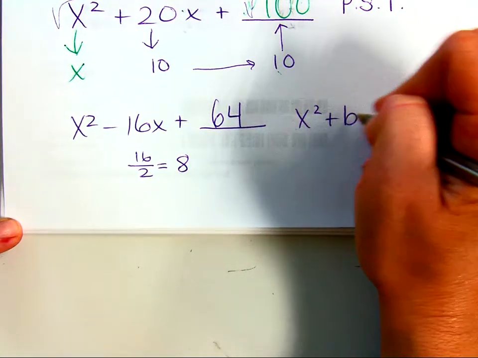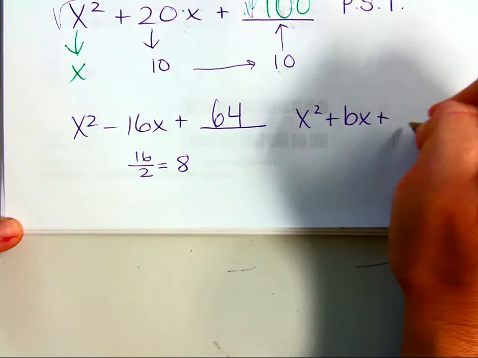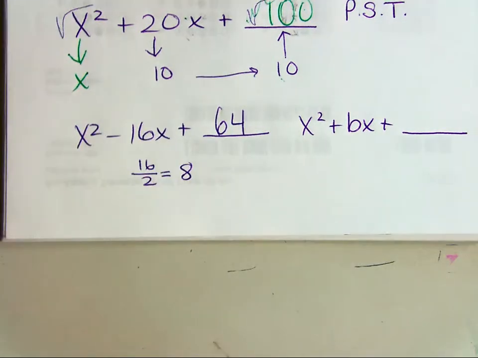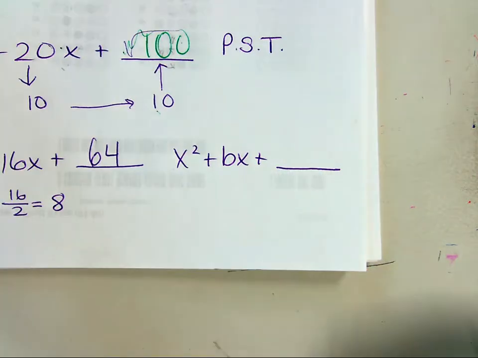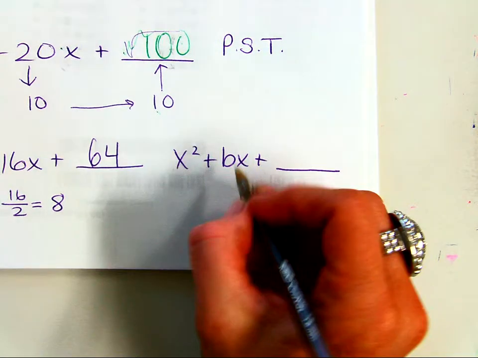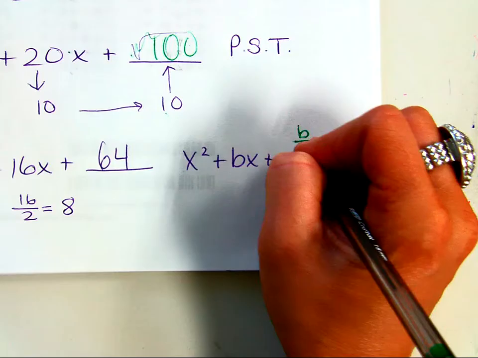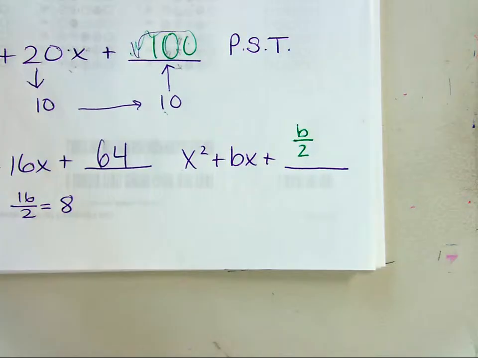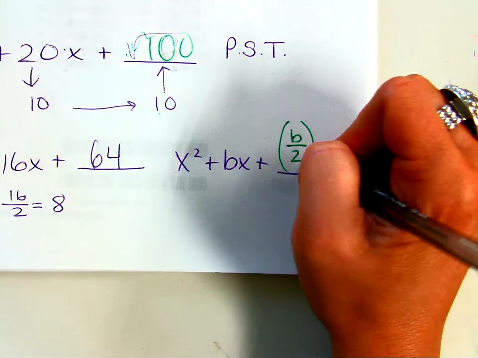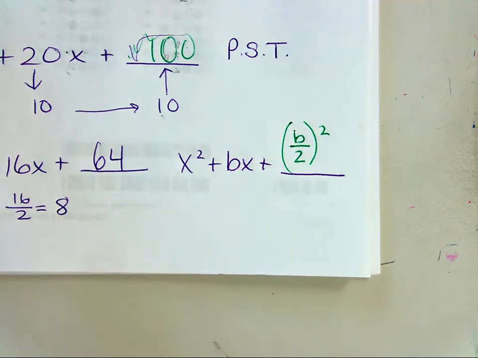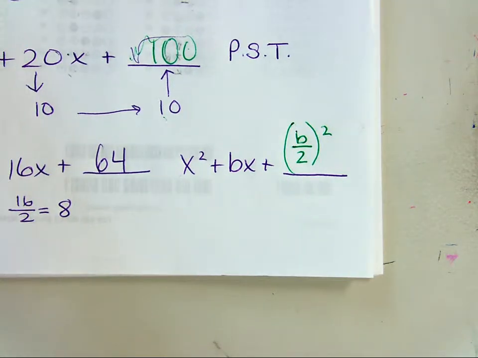So basically what we're doing with our x squared plus bx plus blank, you will get that blank every time by taking this coefficient, whatever it is, dividing it by 2, and then squaring it.